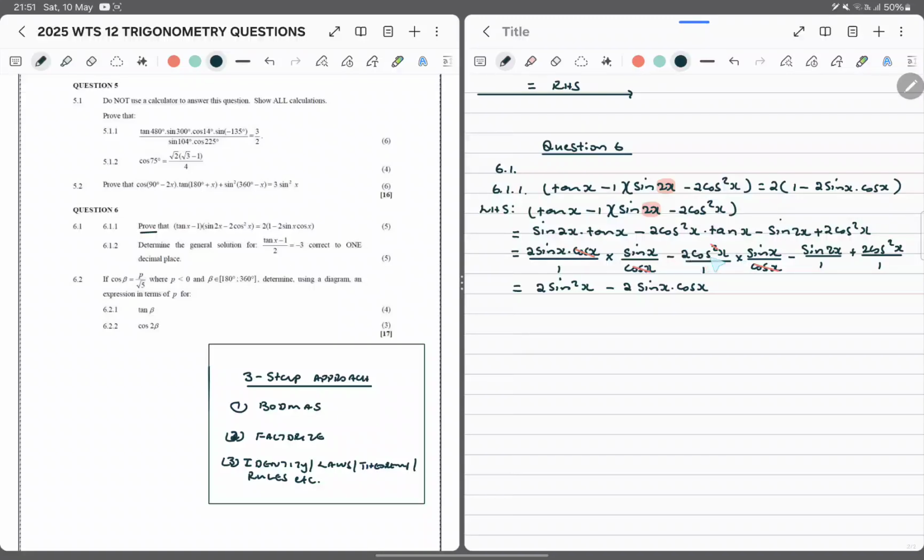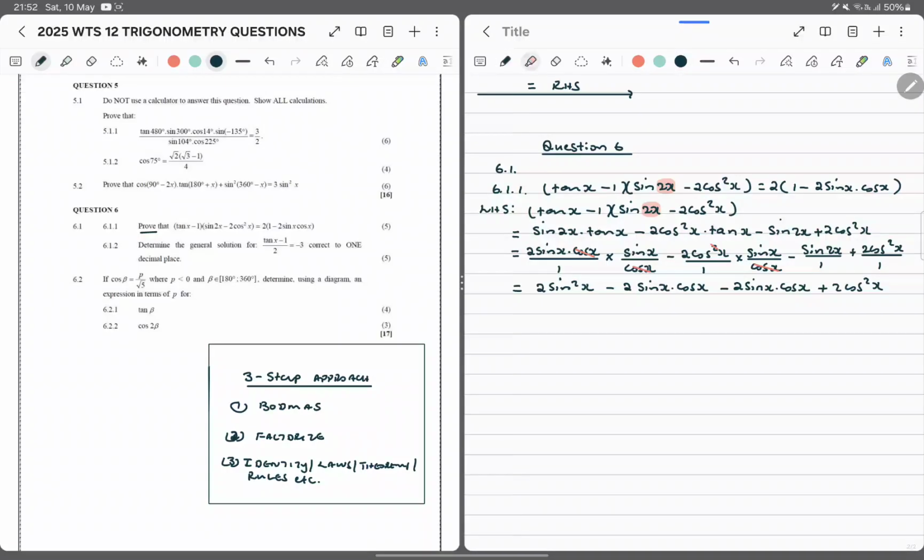I'm just rearranging so that it looks like an identity, minus, and we're using identities also here, and then plus 2 cos squared x.